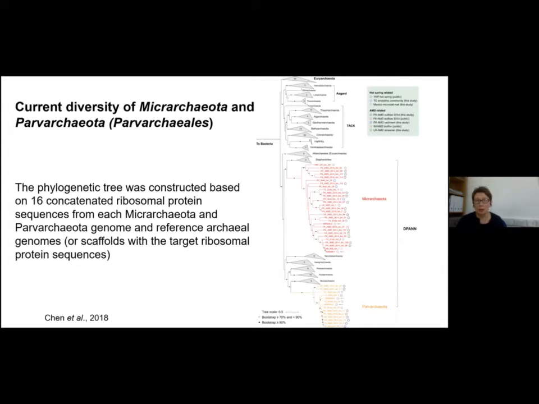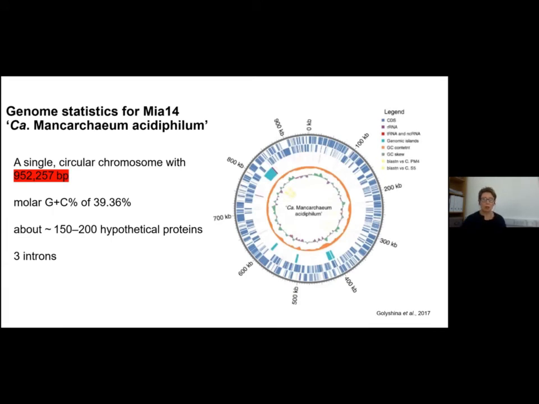But quite importantly, there is still very little we know about the physiology of this group. So during our work, we were lucky enough to get the complete genome of a Micrarchaeota representative, which we called MIA14, and gave the name Candidatus Mancarchaeum acidiphilum.